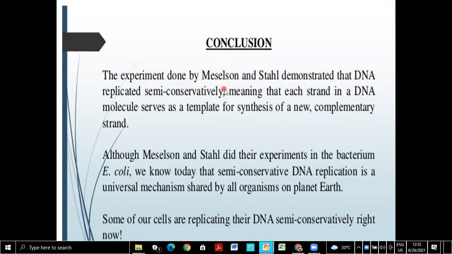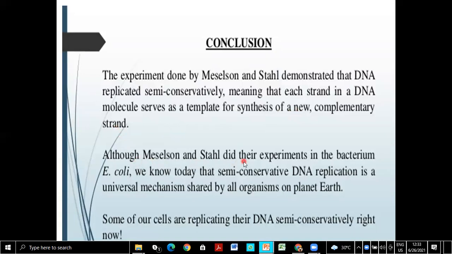So what is the conclusion? In one sentence you can write: semi-conservative replication. The experiment done by Meselson and Stahl demonstrated that DNA replicates semi-conservatively, meaning that each strand in a DNA molecule serves as a template for synthesis of new complementary strands.